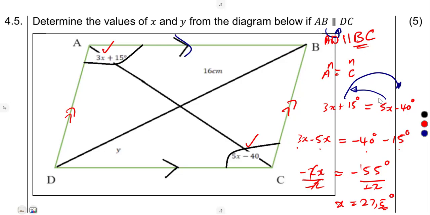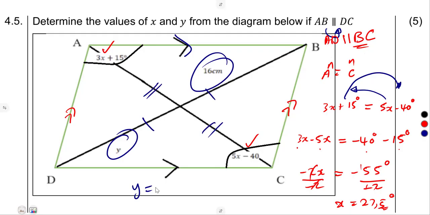And these diagonals bisect each other, so therefore we can take advantage that y and 16 will be equal to each other. So y is equal to 16 centimeters, since diagonals bisect each other. These are the properties of a parallelogram that you're now using.